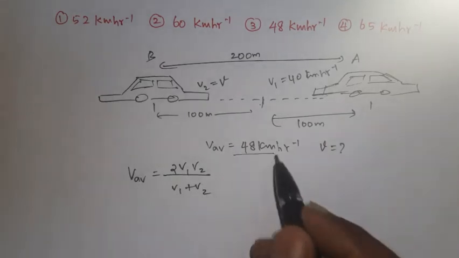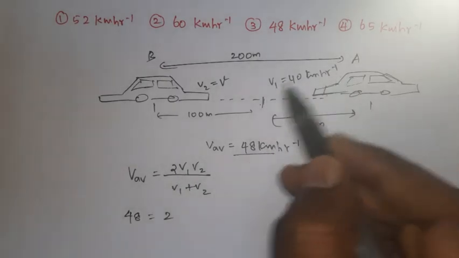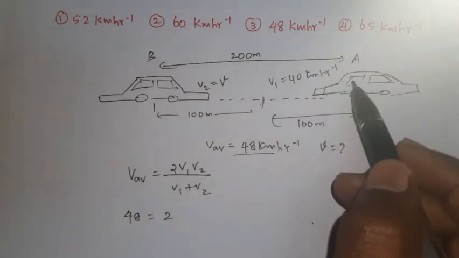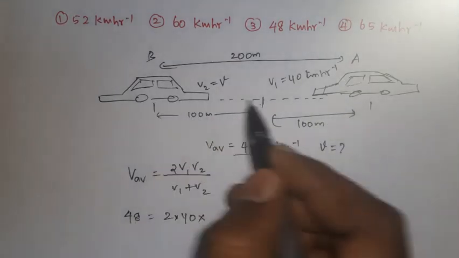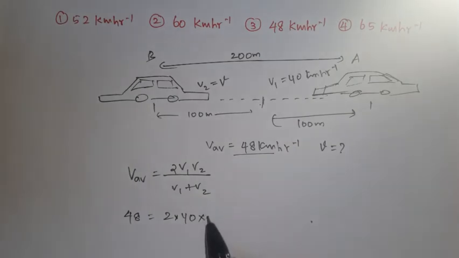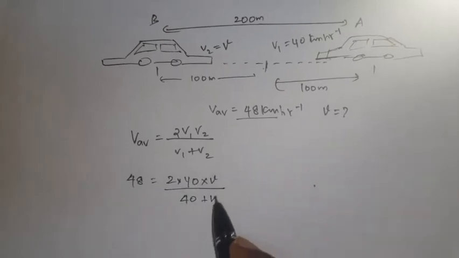Average speed is 48, V1 is 40, the speed in the first half, and V2 is V, the speed in the second half, divided by 40 plus V.